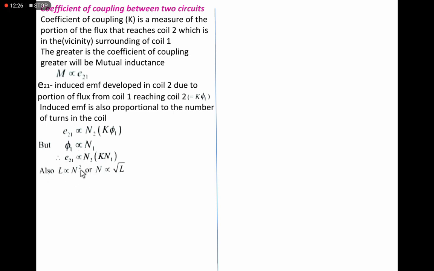Next, N is the number of turns, and we studied in self inductance that self inductance is directly proportional to the square of the number of turns in the coil. So from this we write N is directly proportional to the square root of the self inductance. We will use this here: N1 and N2 are directly proportional to square root of L1 and square root of L2.